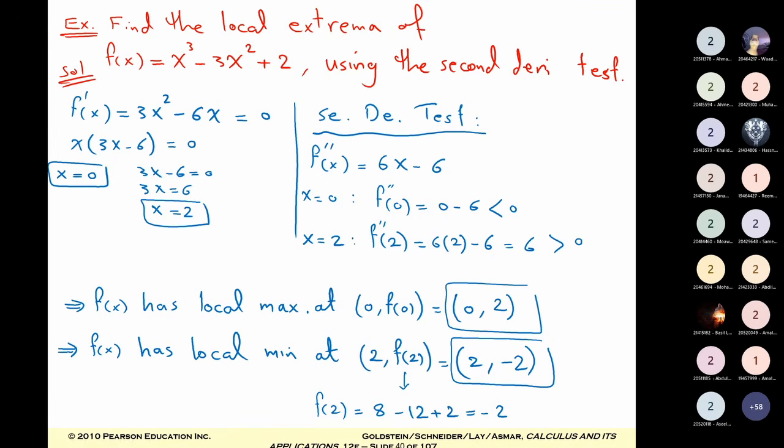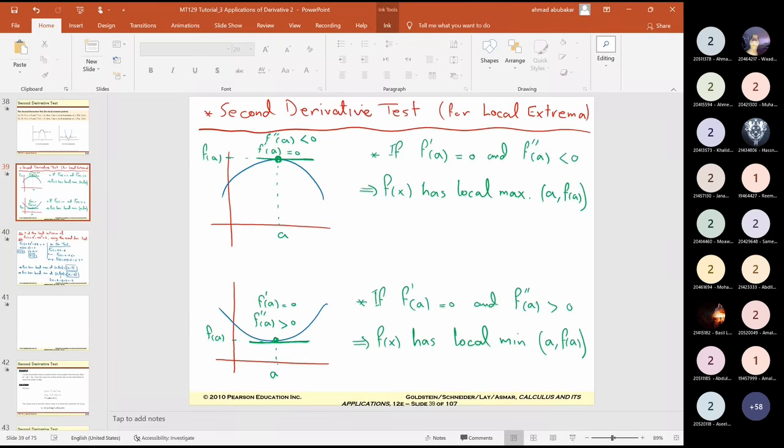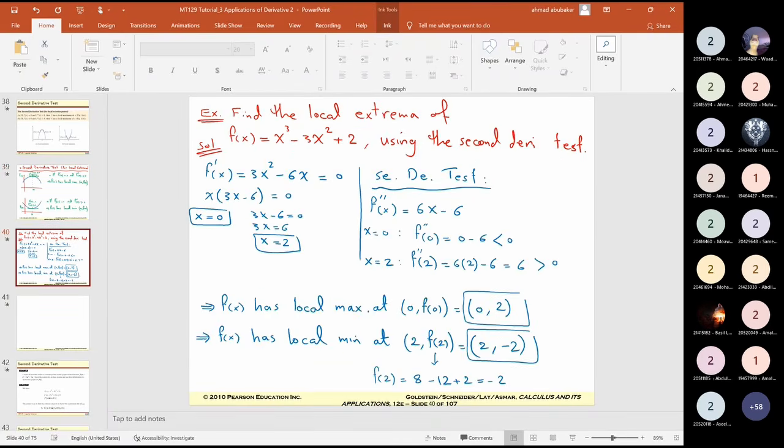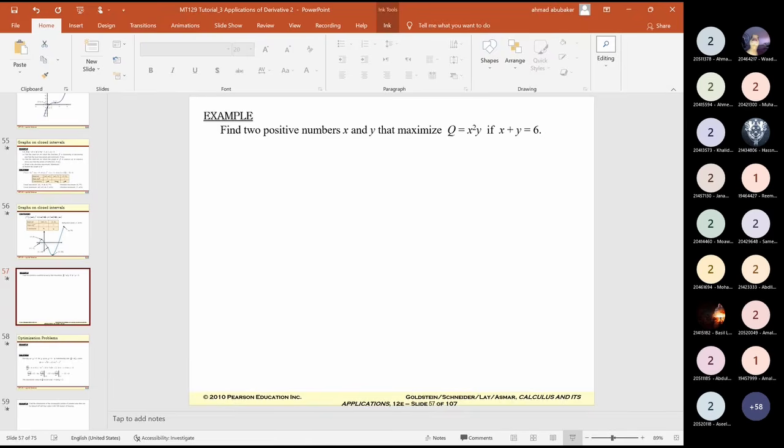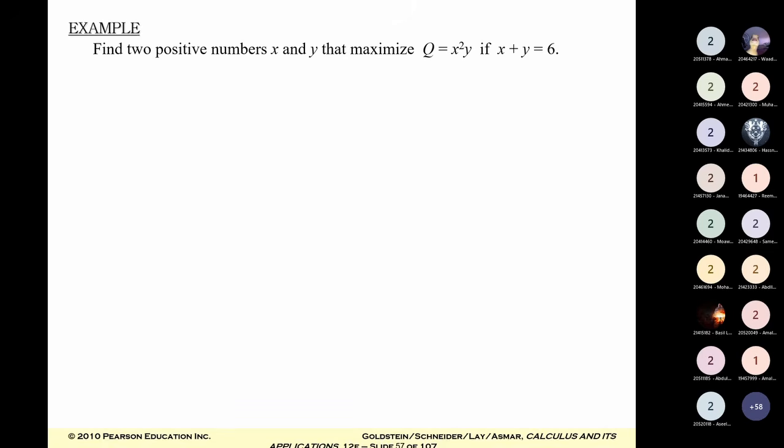Okay, the last subject in this chapter, we need to solve optimization problems. We have 4 optimization problems. The first one: we must have 3 things given from the example to solve the optimization problem.